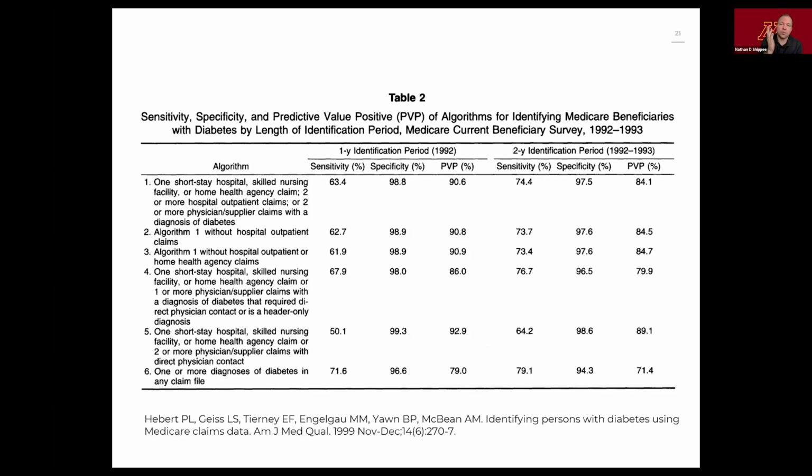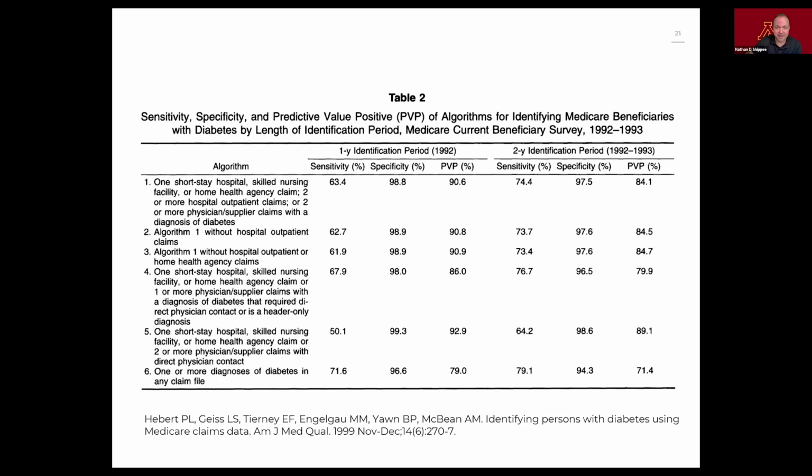So the one inpatient, one skilled nursing, or one home health versus two outpatient or carrier, that kind of number and file type combination has become a very common way of identifying conditions, at least in Medicare, and I will repeat, at least in Medicare.